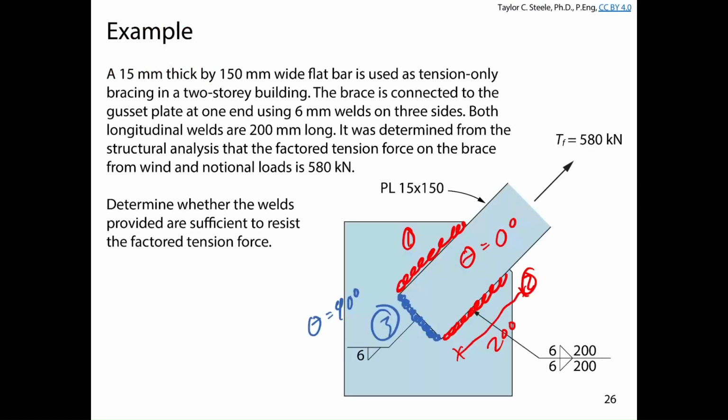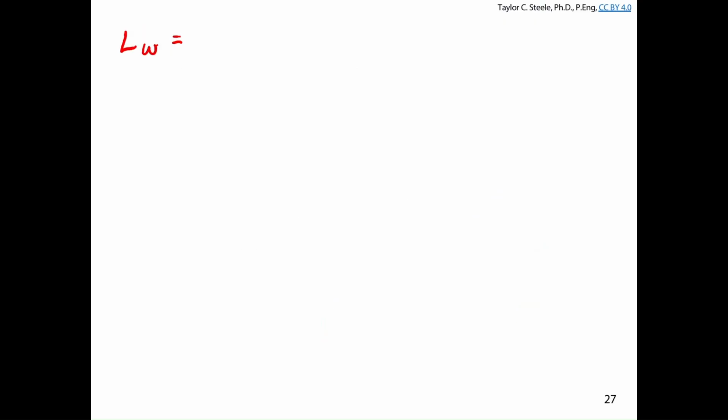For the red welds, the length of weld is how much? The total length, yep. It's 400. So we've got 200 on one side, 200 on the other side. The total length of red weld is 400 millimeters.